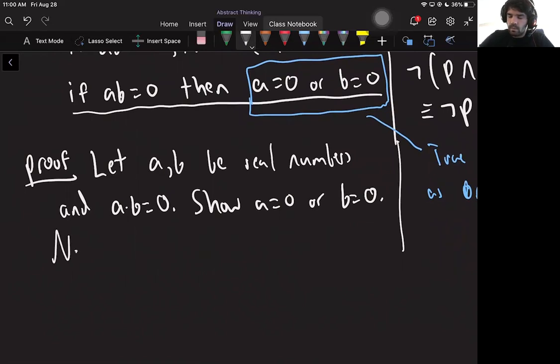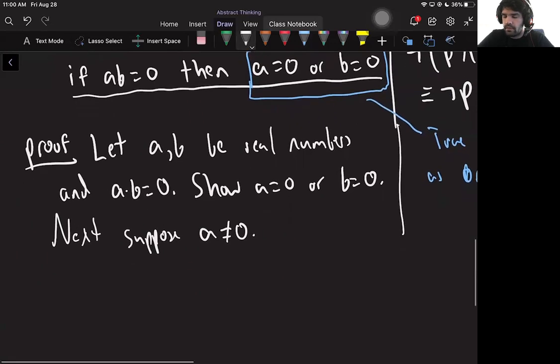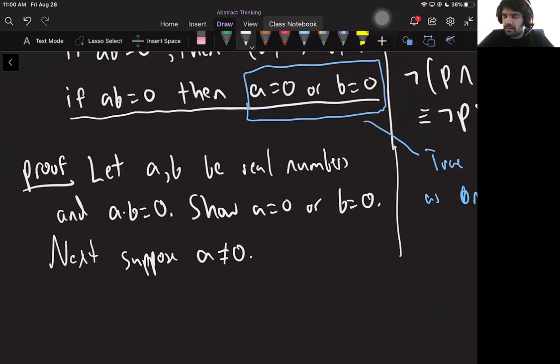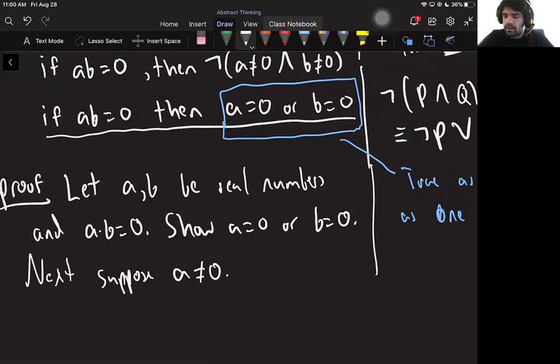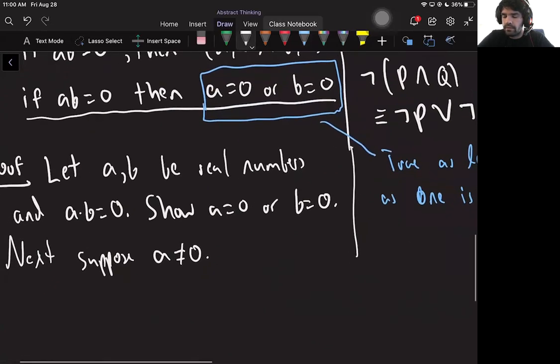So next, suppose a is not 0. This does not make it an incorrect proof, adding this assumption, because I'm not assuming that the conclusion is false. I'm just assuming one of the two or statements is false.